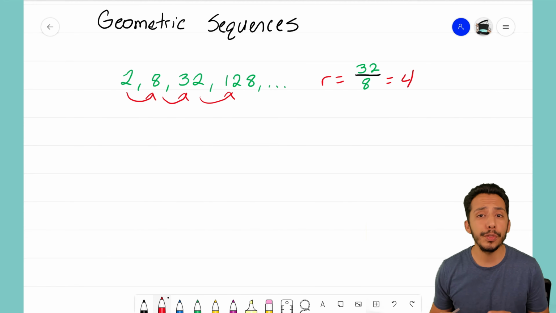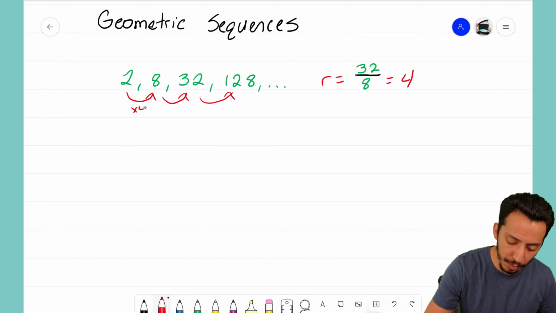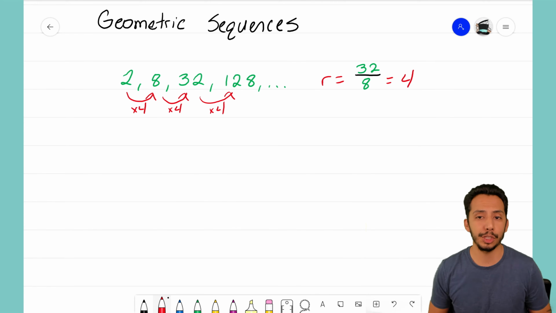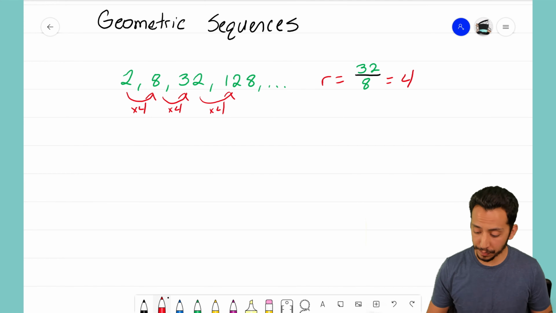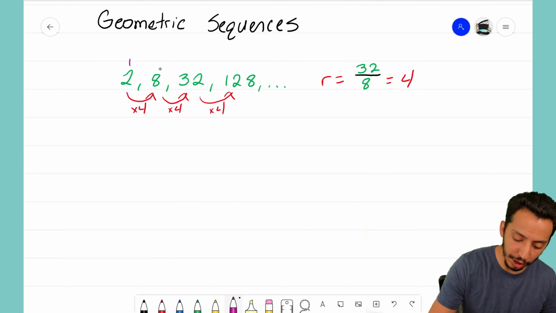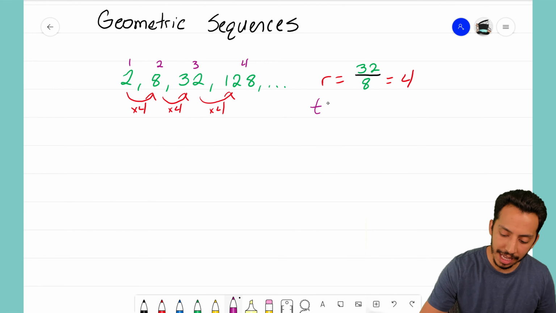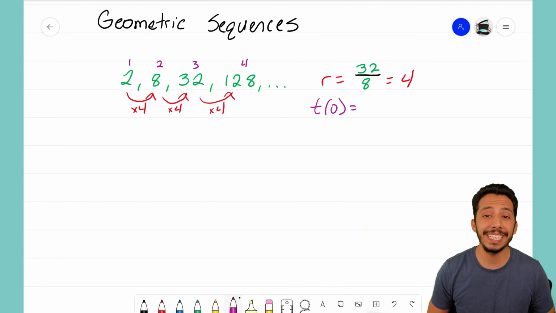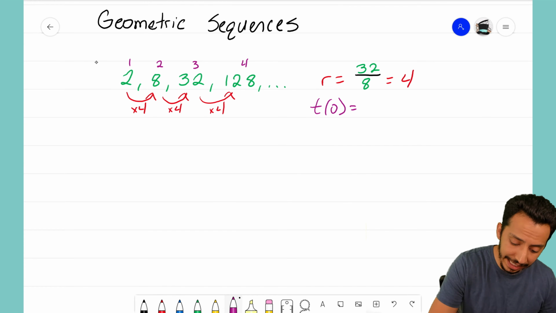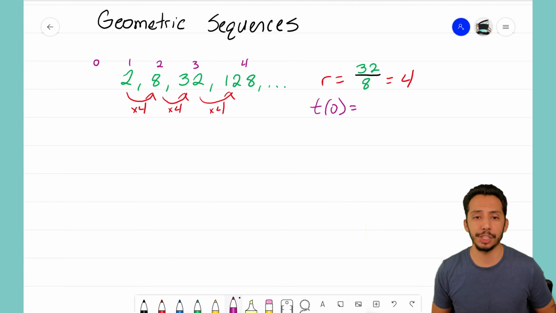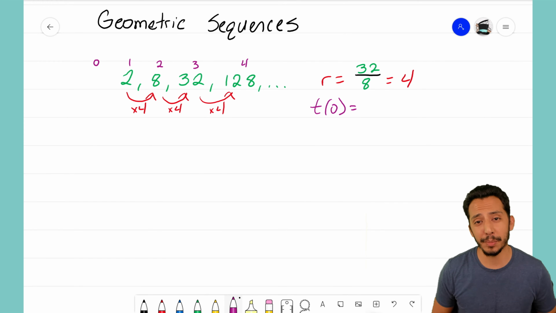That means as I move through this sequence, I am multiplying by 4 every time to get the new term. That's great for us. We see that this is our first term, our second term, our third term, and our fourth term. Next on our list, we need the zero term. We need the term right before the 2 so it can help us determine that recursive equation.